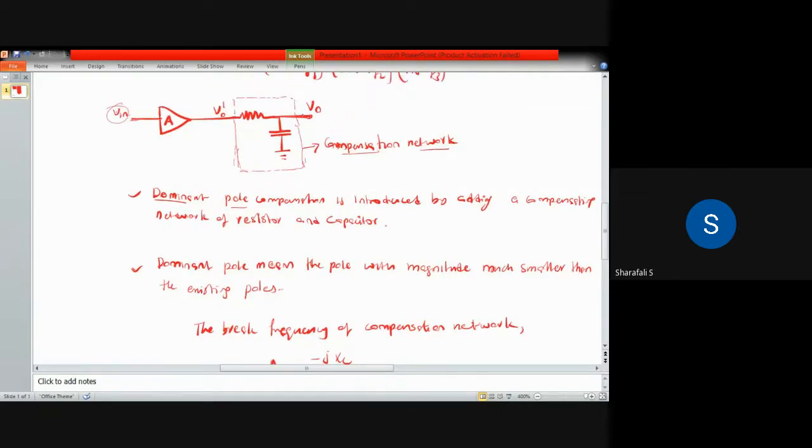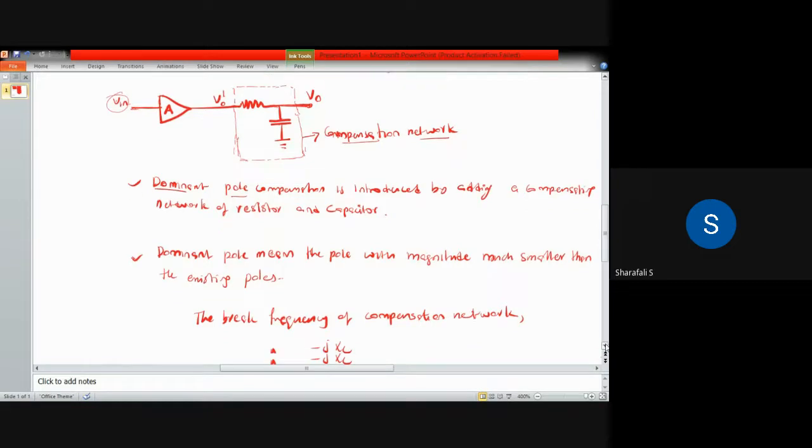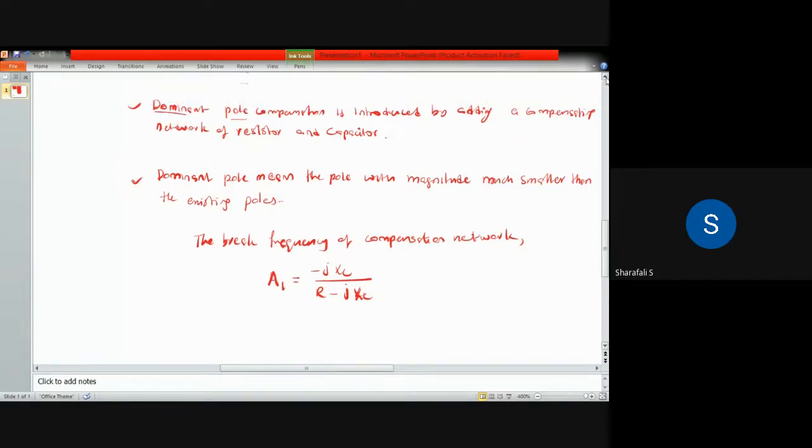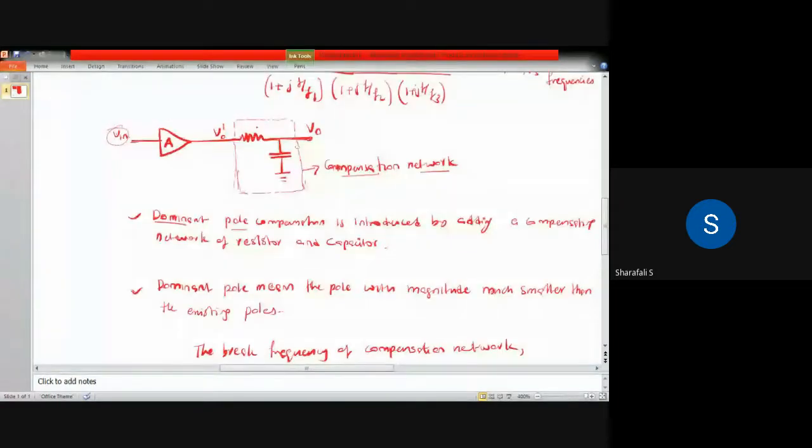Okay. And if you further consider this, we have some input here and we have output here. So if you take the ratio V out by V in, then V out will be this much.